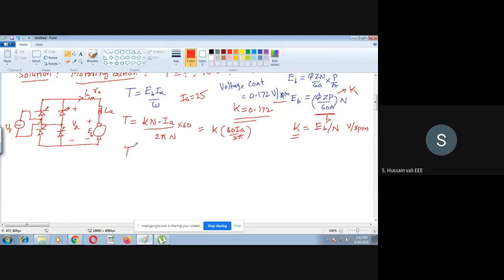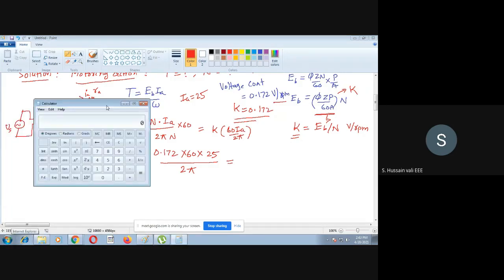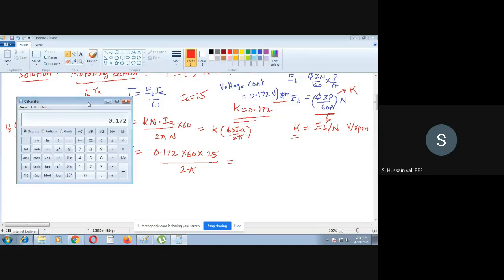So T is equal to K value 0.172 into 60 into IA, 25, divided by 2 into pi. 0.172 multiplied by 60 multiplied by 25 divided by 2 divided by pi. So 41.06. This is the torque you got.